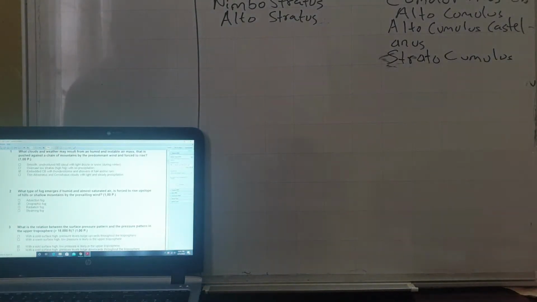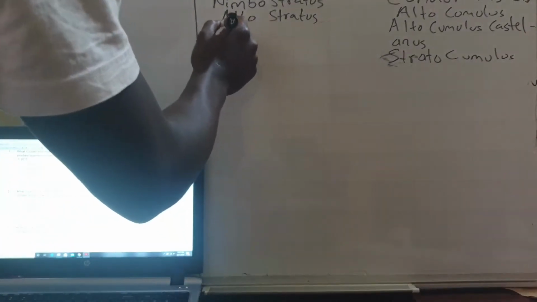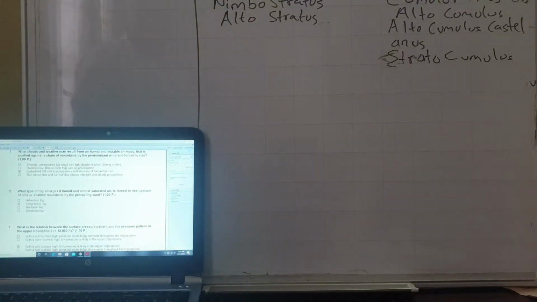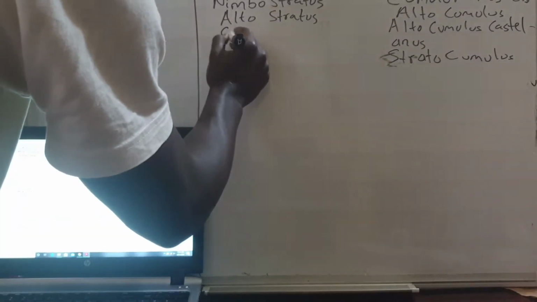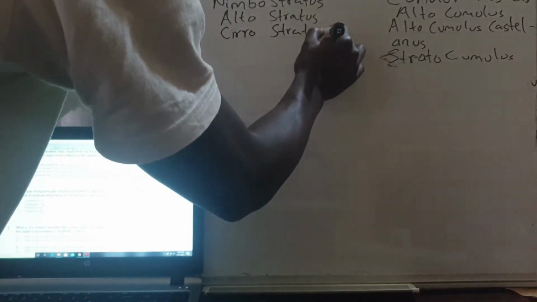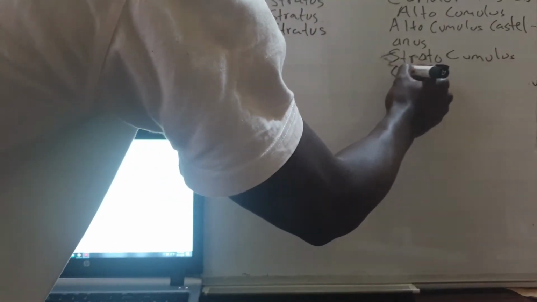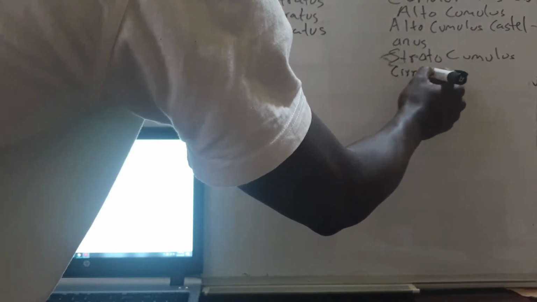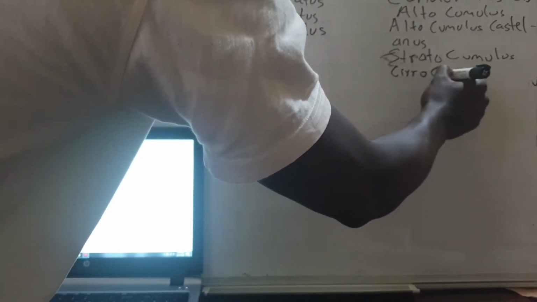That is it about cumulus. And then about stratus, we have stratus clouds, stratocumulus, nimbostratus, then altostratus and altocumulus, and cirrus, cirrostratus, and also cirrocumulus, but they are very rare types of clouds.